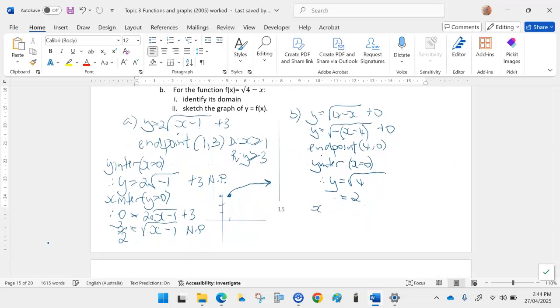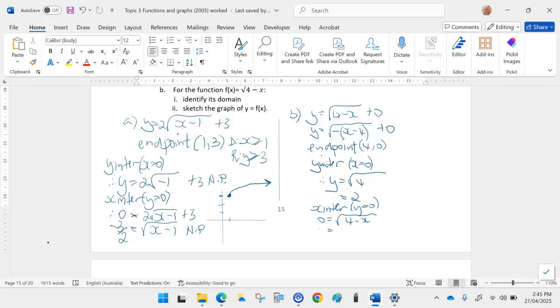What about the x-intercept? y is equal to 0. Okay, so now it becomes 0 is equal to the square root of 4 minus x, plus 0. Now, to get x I need to square both sides first.